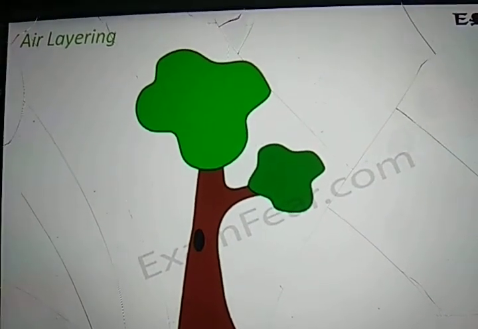The next method is air layering. So in air layering, what is done? An aerial branch is covered with moist mud. You see that this is an aerial branch, something which is in the air, not toward the soil. This part has been scraped and you cover it with moist mud. It is like a bandage.